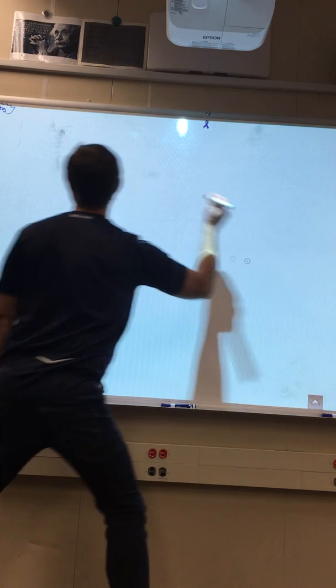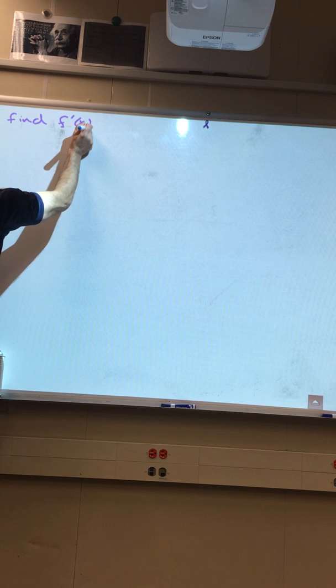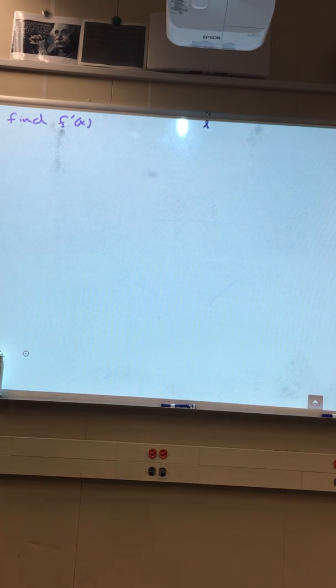So let's find the derivative first. Let's make sure we've got all of our steps. The first thing we're going to do is find f prime of x. That's our slope finding function, our derivative.